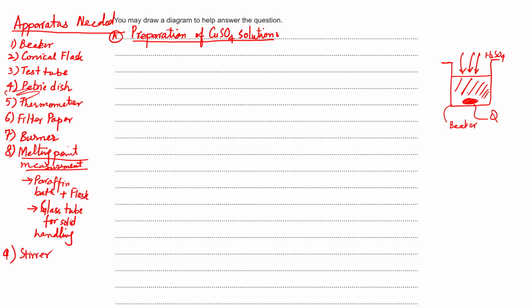Okay. So the sulfuric acid reacts with this Q. So first of all, you can just simply write, add sulfuric acid to a beaker containing Q. Okay.